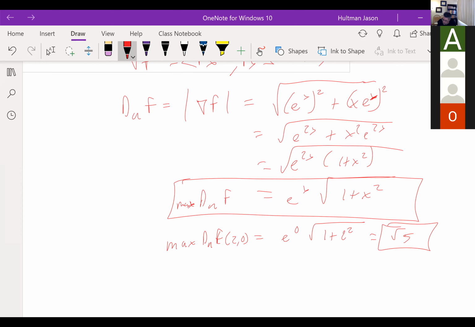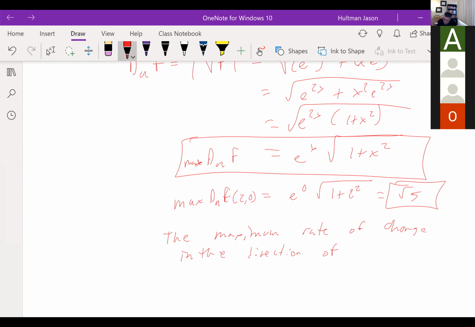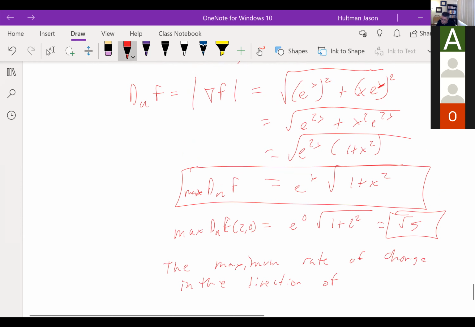Okay, in the direction. So the maximum rate of change in the direction of what? Well, it's in the direction of del f.